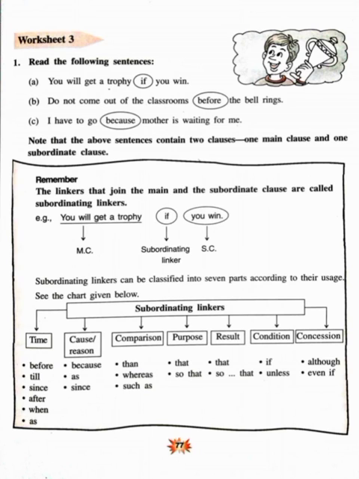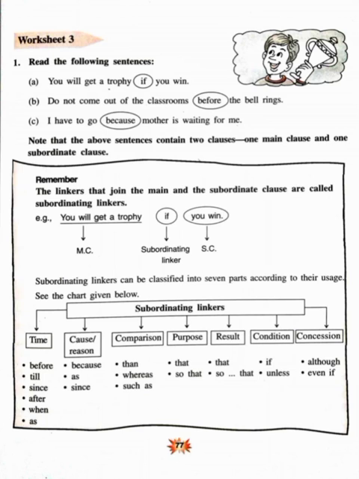We have already discussed main clause and subordinate clause in our previous chapter, that is chapter number 5. So I hope that is clear to you. Whenever you are joining one main clause and one subordinate clause together, then we use a subordinating linker, and when we are joining two independent statements together, then we use a coordinating linker.